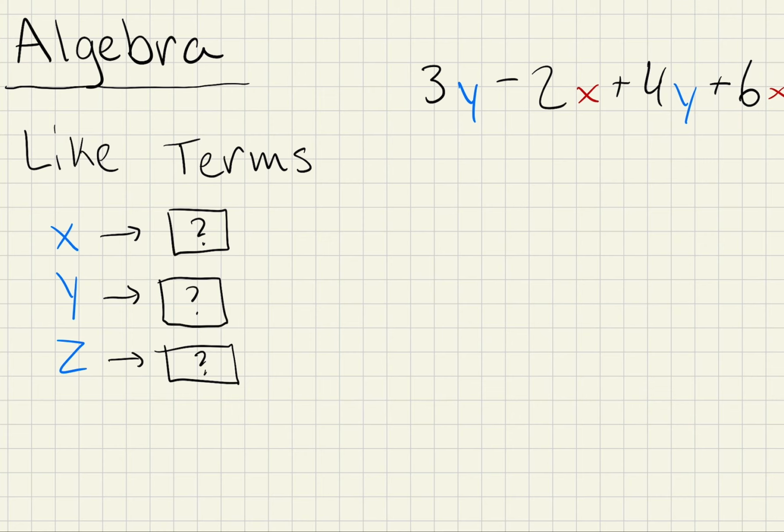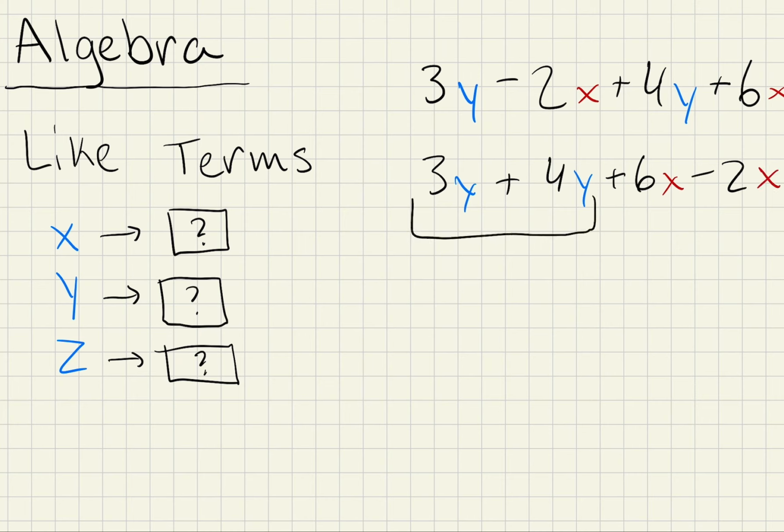So 3y plus 4y are one set of like terms, then 6x minus 2x are another set of like terms. So we can take these and add them, and we can take these and add them.